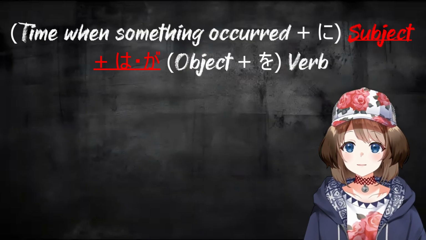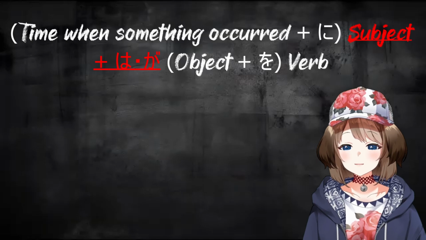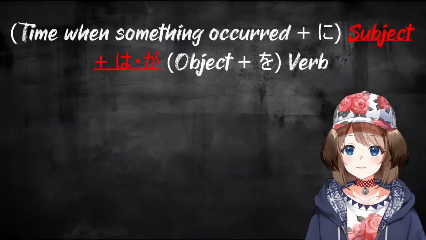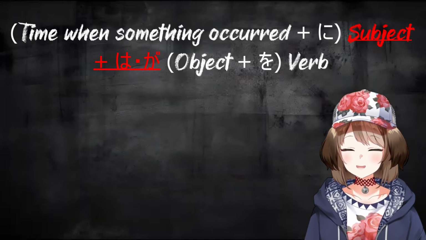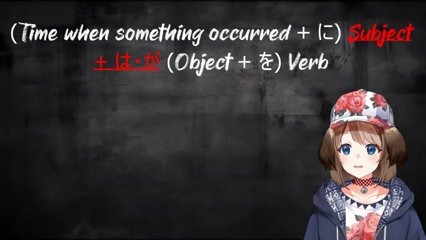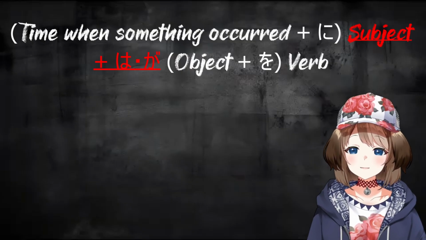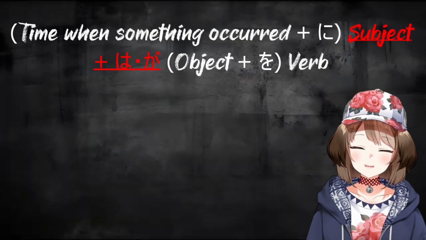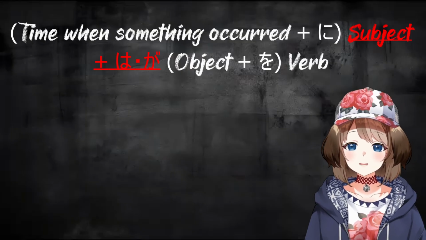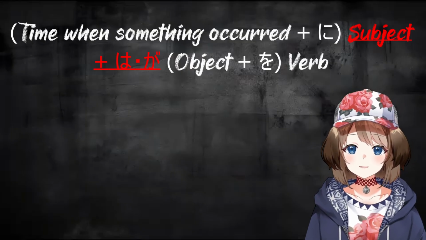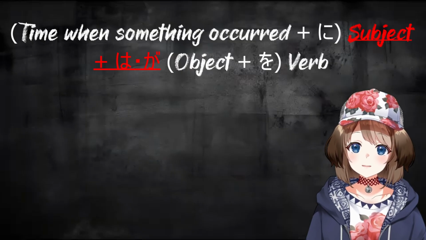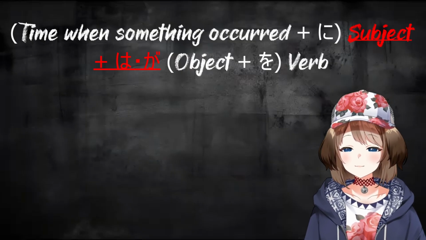Some Japanese sentences will just have a verb. They may not need an object to be specified in the sentence, and that's okay. But when we have a time, and we have a subject, and we have an object, then all of those things are usually going to go in this sequence. Something something ni, something something wa or ga, something something o, and then finally your verb.